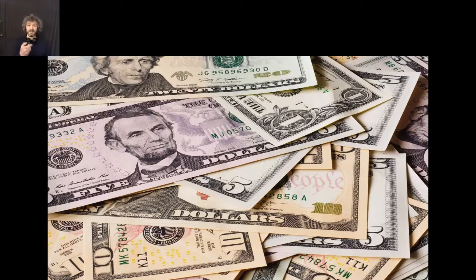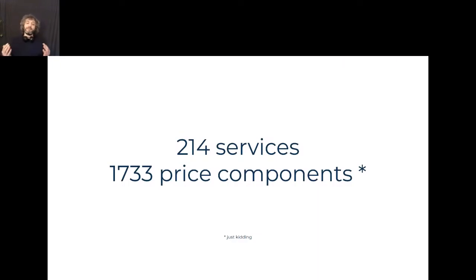So when we think about AWS, we are talking about 214 different services, almost 2,000 different price components. And if you're old enough that you started about 10 years ago, probably life was easy.